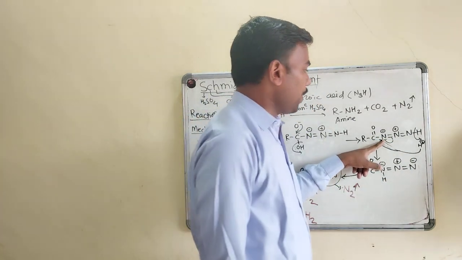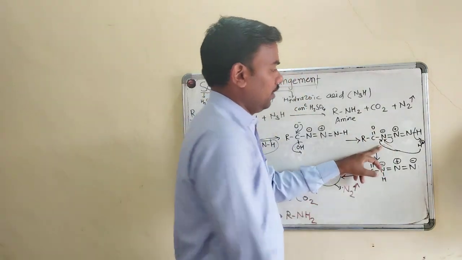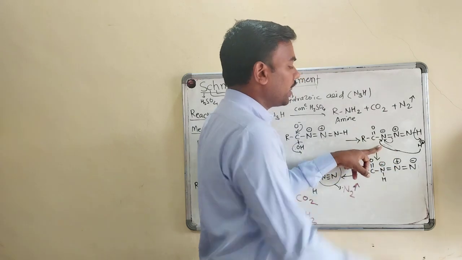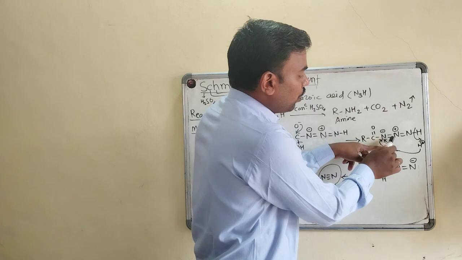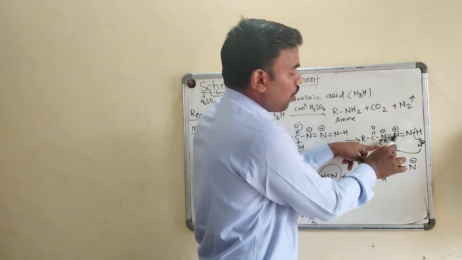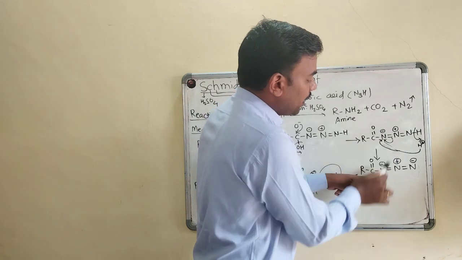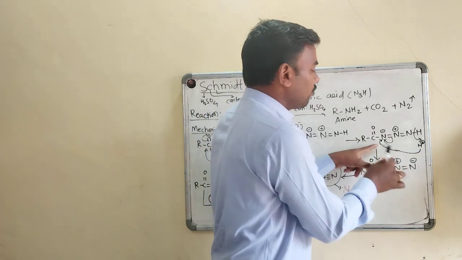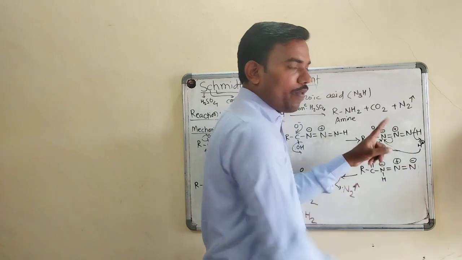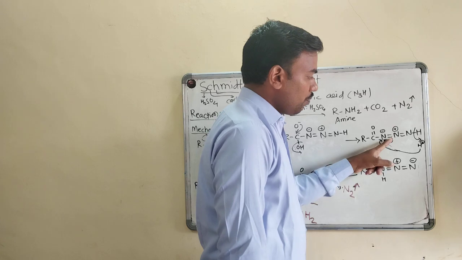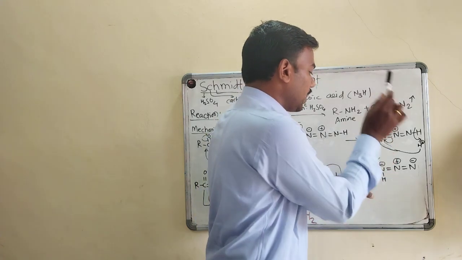So what will happen? The negative charge remains as it is. See here, when hydrogen comes here, that negative charge should be removed, but it is not removed. Why? Because the electron pair from this bond is shifted over this nitrogen, so that nitrogen remains negative again.